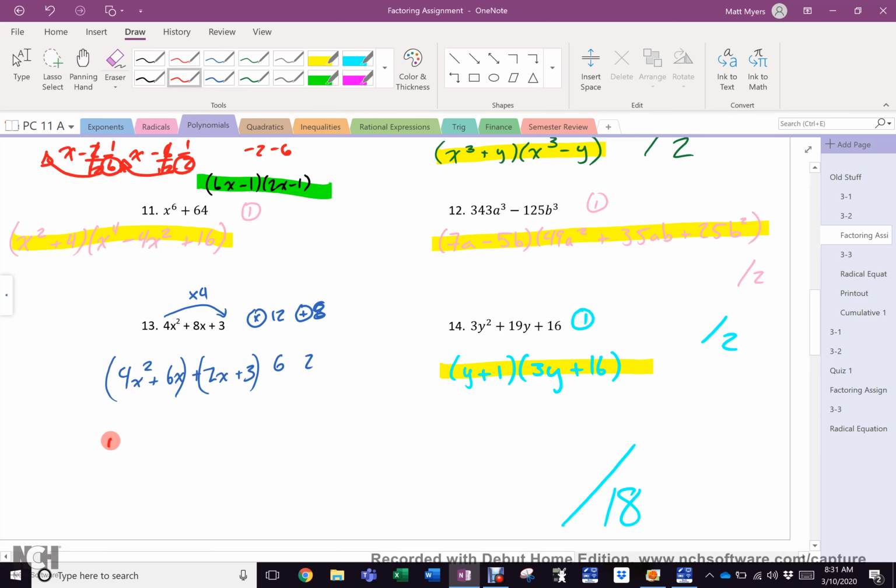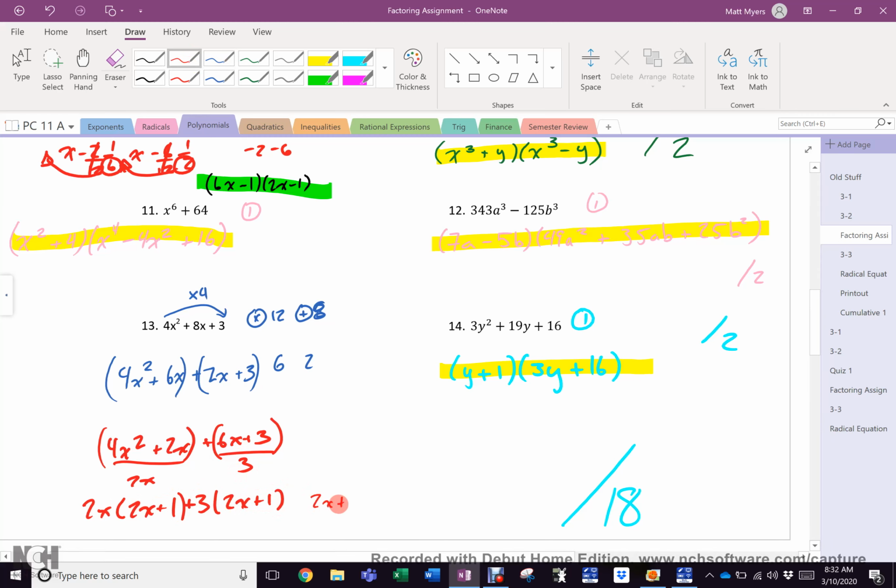Now, if I change the order, plus 2x plus 6x plus 3, and I bracket that, what's coming out of there? 2x, right? 2x to the front, 2x plus 1. What's coming out of there? 3 plus 3, 2x plus 1. 2x plus 1, 2x plus 3, right? So the answer is, of course, 2x plus 1 and 2x plus 3.